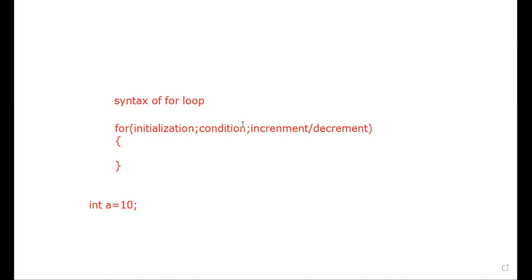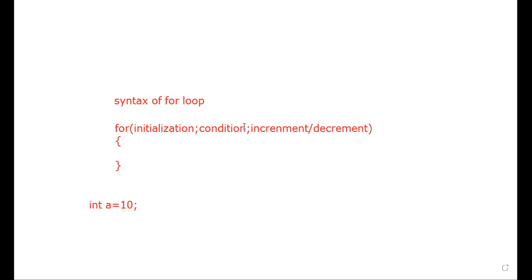Now next is the condition. There we pass the condition, which generates a boolean value, true or false. If the condition is true, the loop gets executed. Okay, if the condition is false, then the loop execution will be stopped.